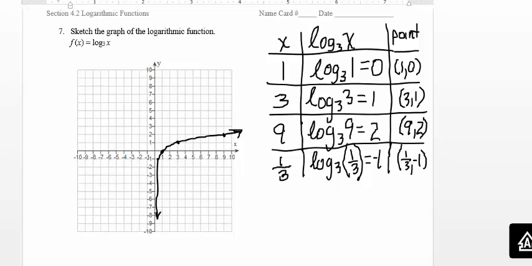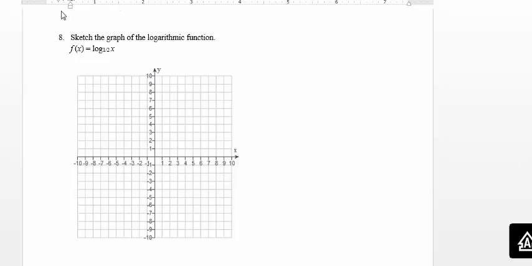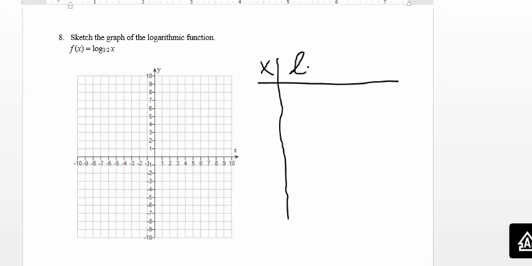Now let's look at graphing the graph of the base 1/2 log of x. So again, I want to make a table. Keep in mind that what I'm doing is picking values of x that are going to give me convenient results for this base 1/2 log of x.